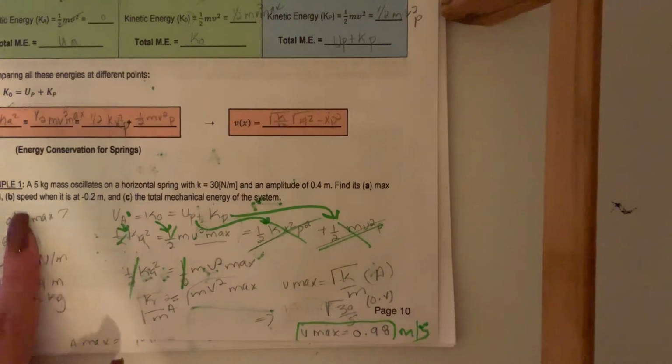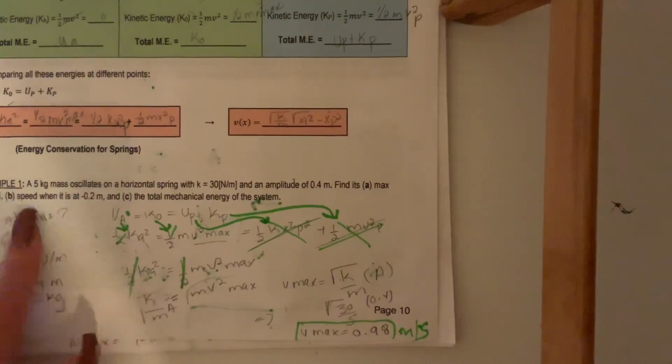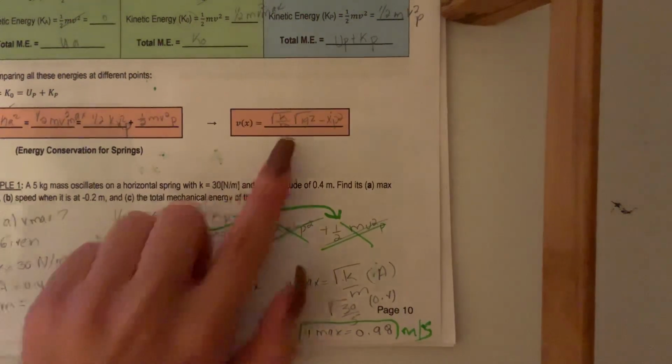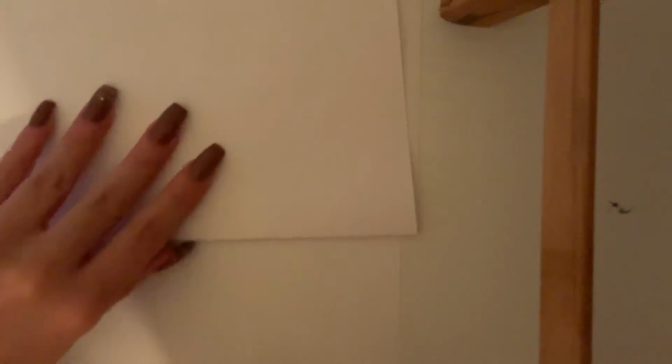For the speed at a given point, we're going to use this. So when it's at negative 0.2, that's my x.